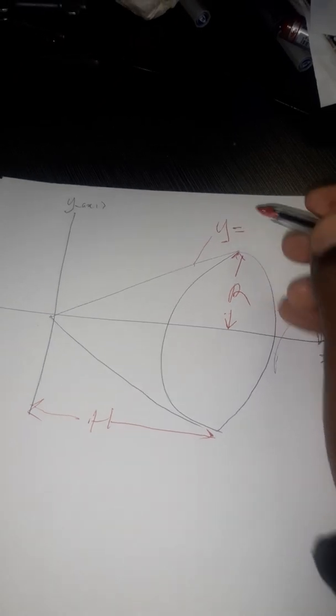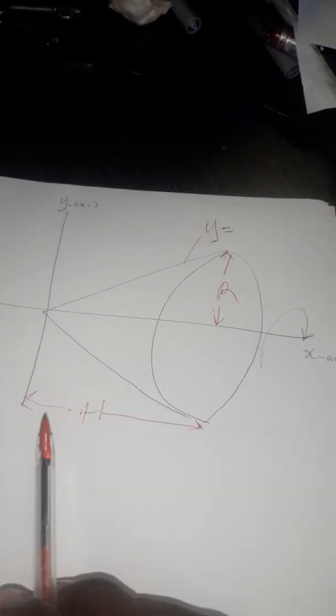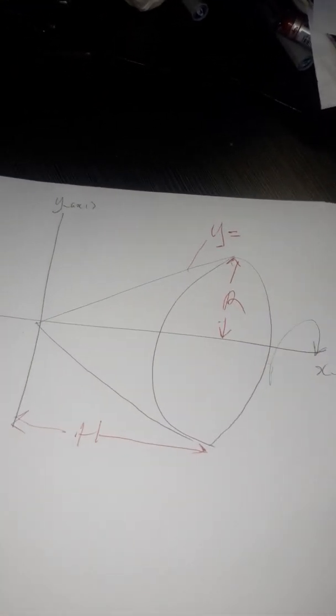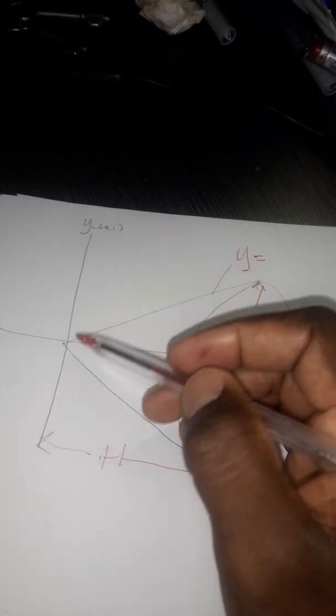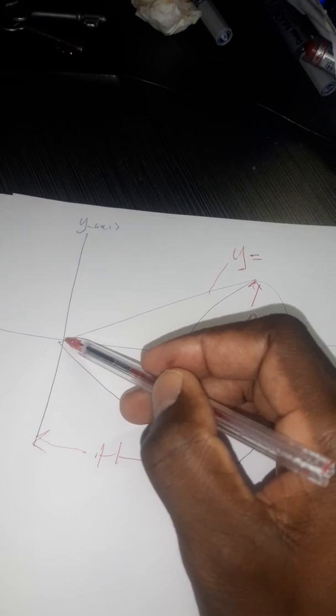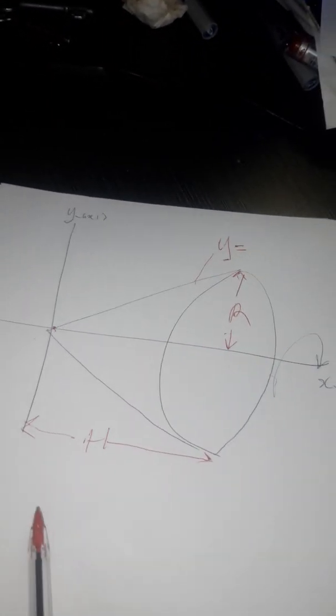This is a straight line, therefore y equals gradient times x plus c, and we know c is 0 since the y-intercept here is 0. What is the gradient?